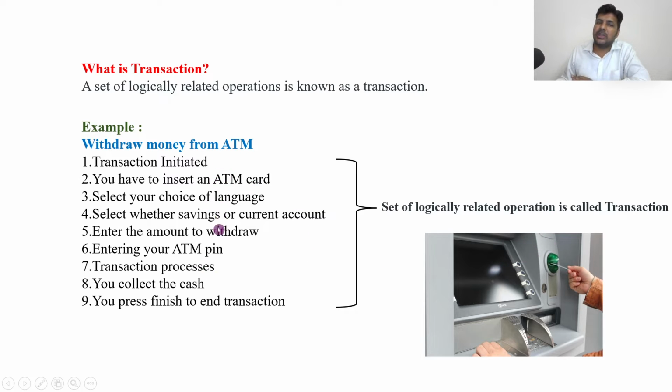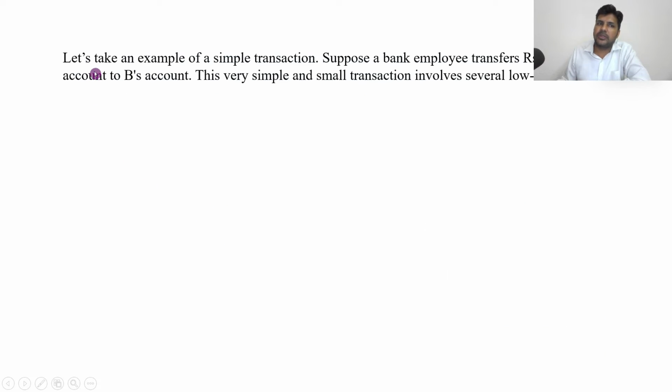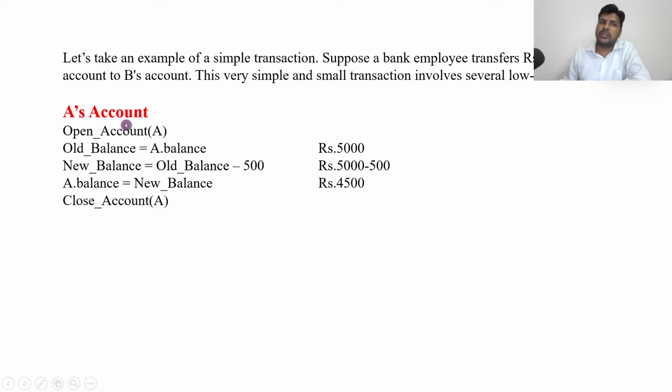Now I will show the same thing with a small example. For example, a bank employee transfers 500 rupees from A's account to B's account. First, A's account: the old balance is 5,000.